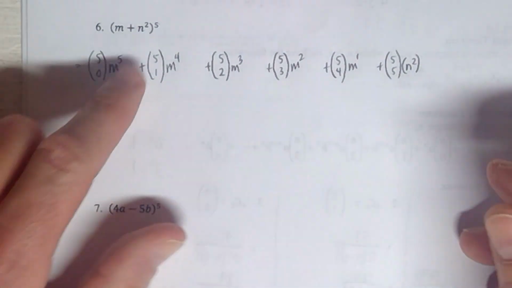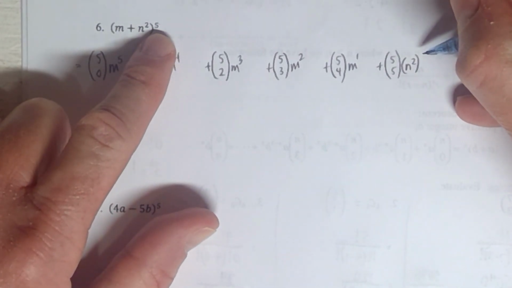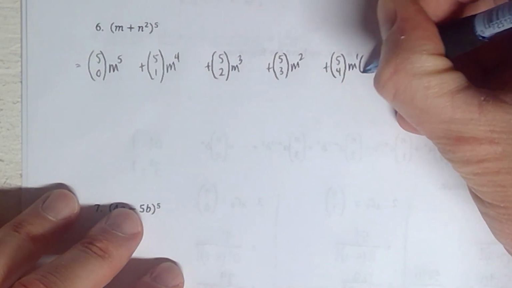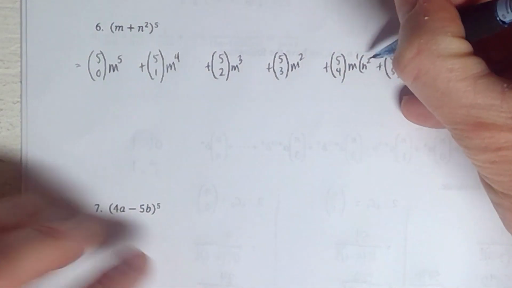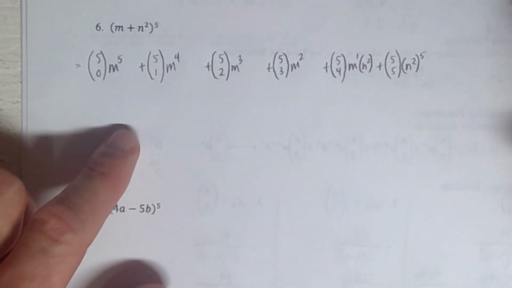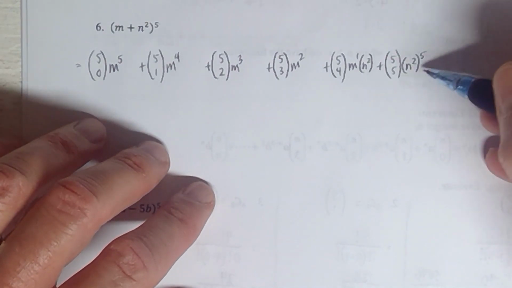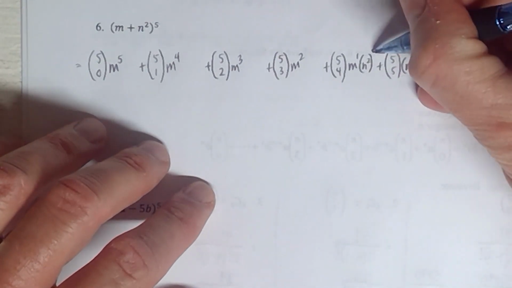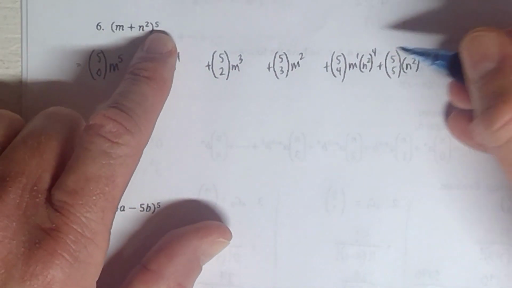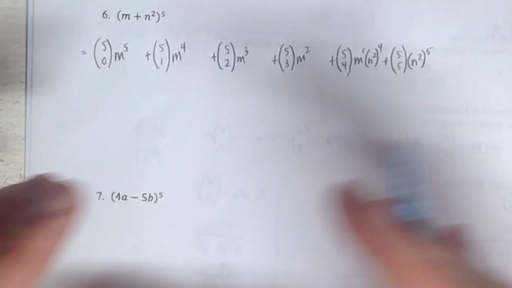What power is that? Again, you always start out with the power that's on the outside, 5, and then you decrease it by 1 each time. Not the inside exponent. That's the term you're taking to that power, but the power that you take it to decreases by 1 each time. So you start out with the exponent that's on the outside like usual, and you decrease that by 1 while keeping the term on the inside the same.